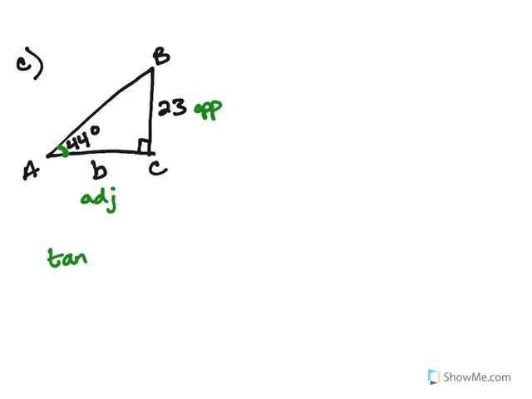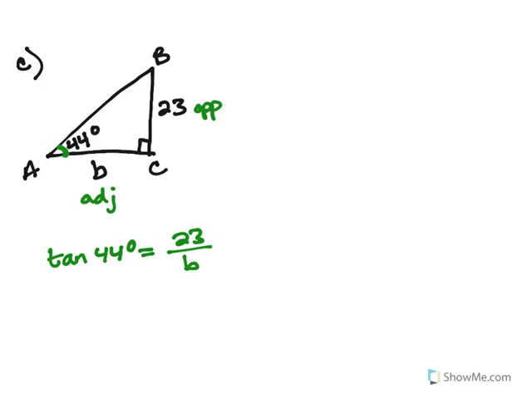So we're going to say tangent of 44 degrees is 23 over B. Now this one's not so easy to solve for the algebra. All the other ones, we just took the denominator, multiplied both sides, and we were good, right? B, my variable that I care about, is in the denominator. I got to get it out of the denominator to solve for it.